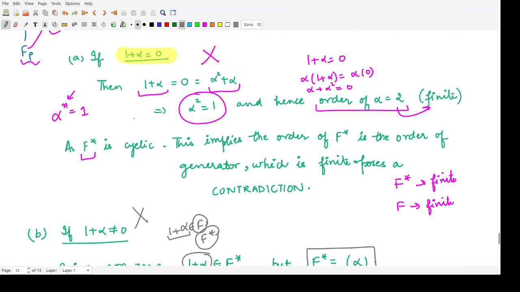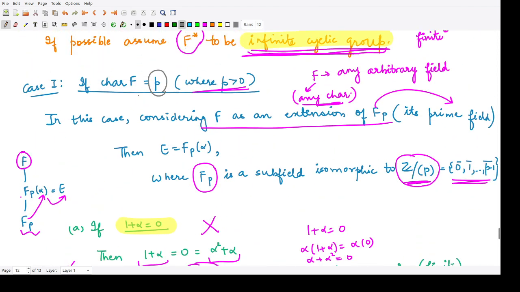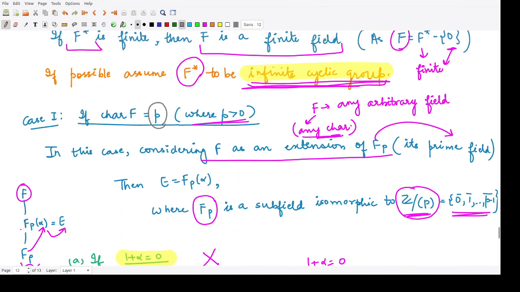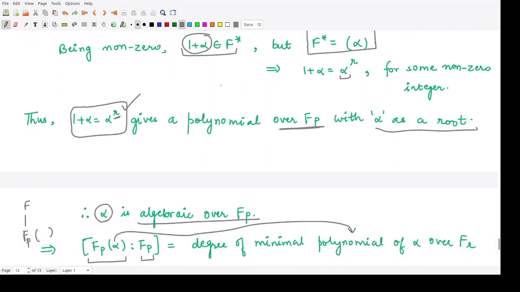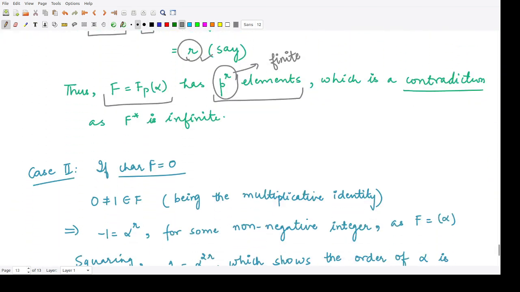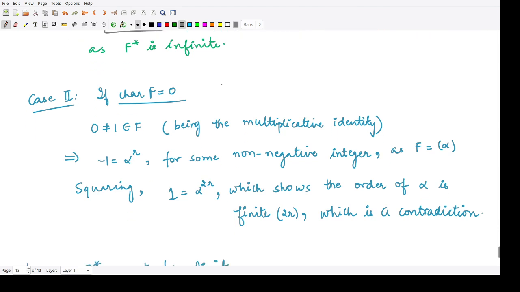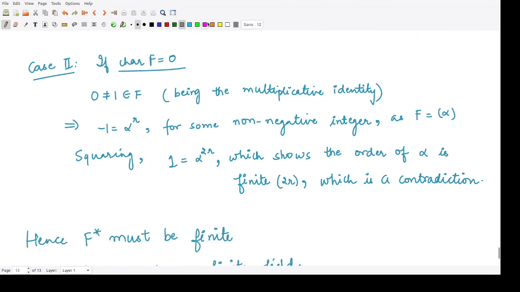So that means in both the cases, whenever we have characteristic p, we have a contradiction. So that means this field F star has to be a finite field, and consequently F has to be finite in nature.